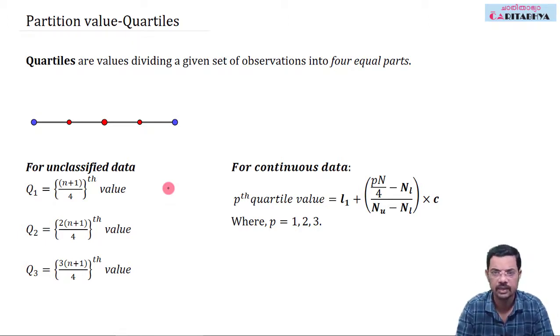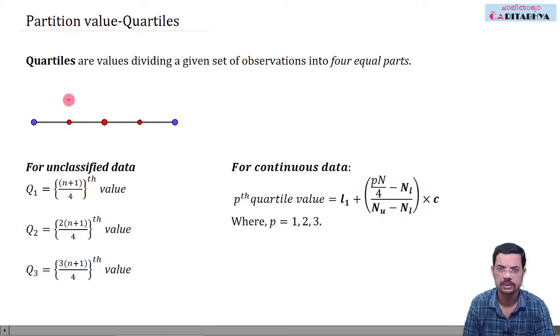Everything else will be related to that quartile class, like L1 will be the lower boundary point of the quartile class, and NL and NU are defined in the same way as for the median for that particular class. We shall see this in detail when we solve the examples.